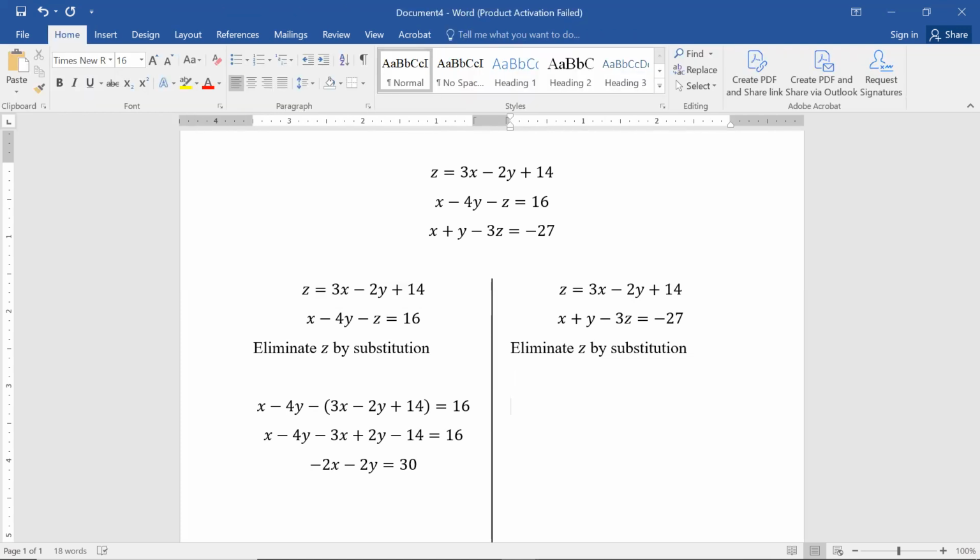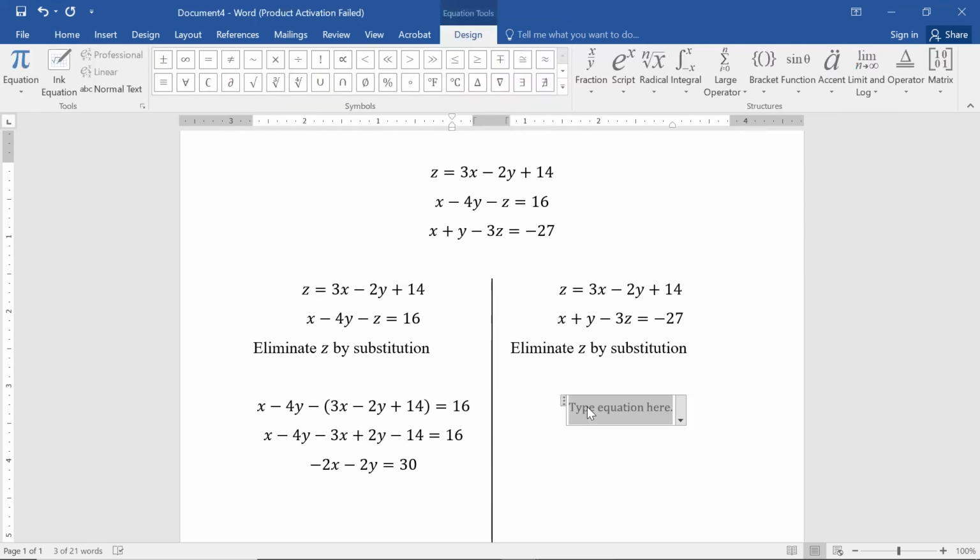And then I'll do the same on the other pair. I'll take x plus y minus 3z equals negative 27, and I will replace the z in that equation with the expression 3x minus 2y plus 14.